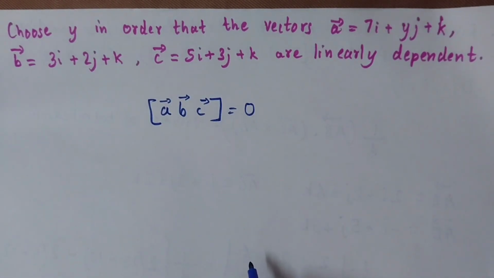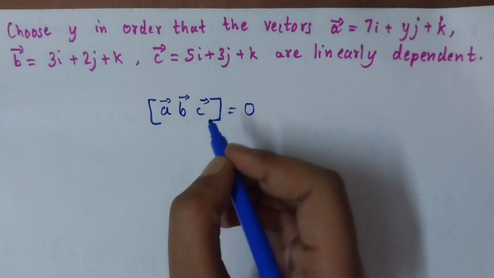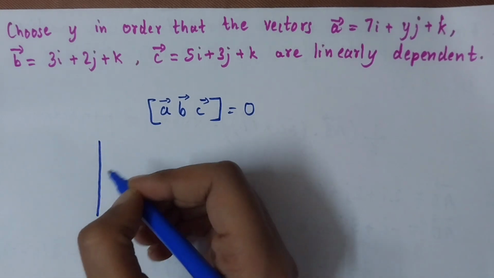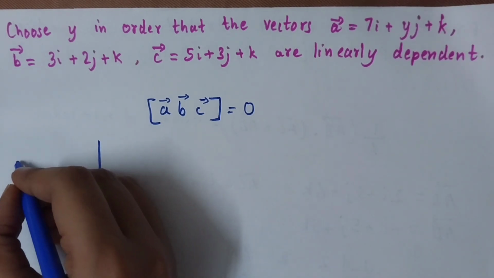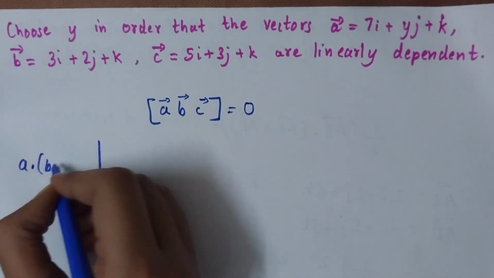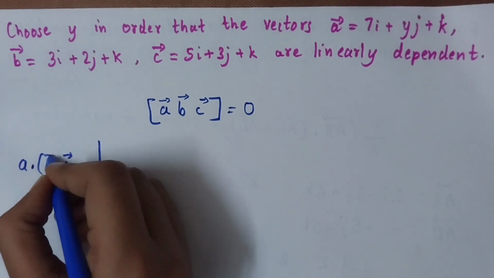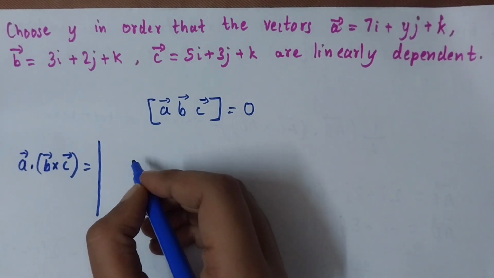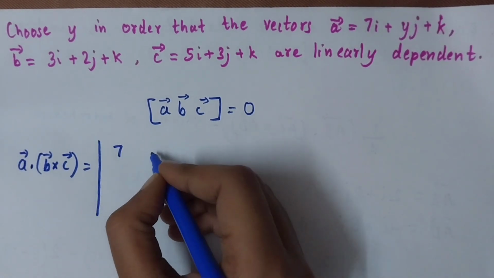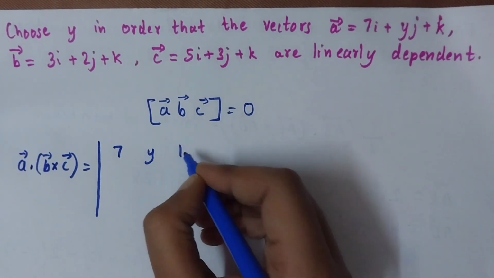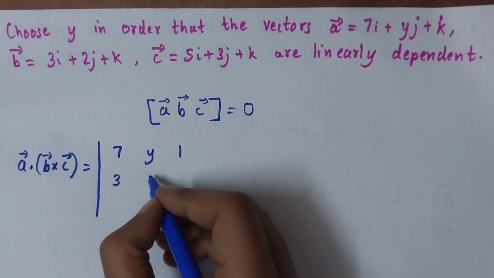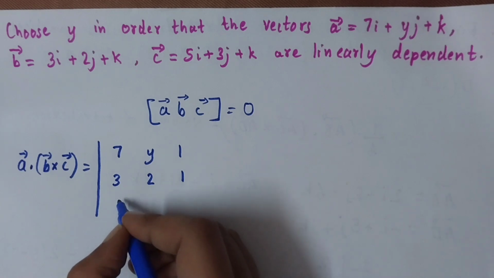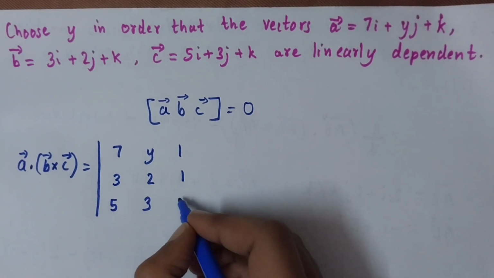So first we have to find the box ABC, which is determinant box ABC, A dot B cross C, equals determinant 7 y 1, 3 2 1, 5 3 1.